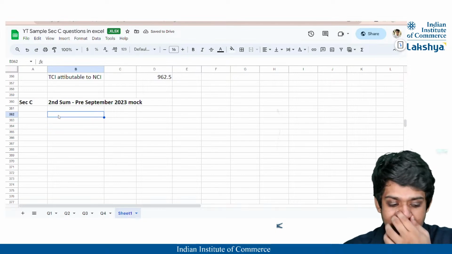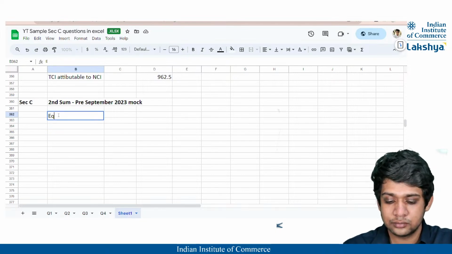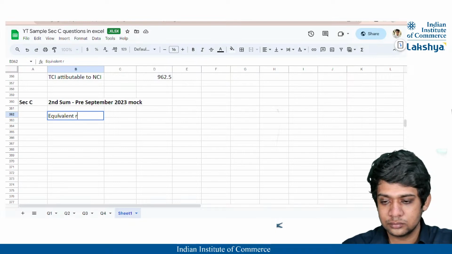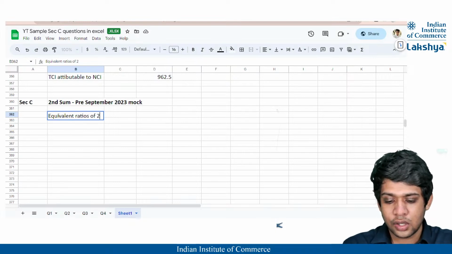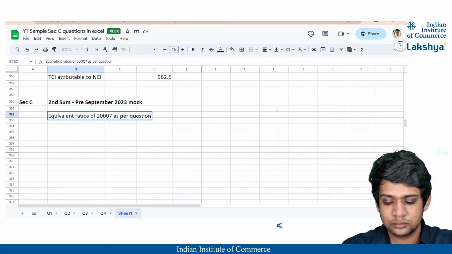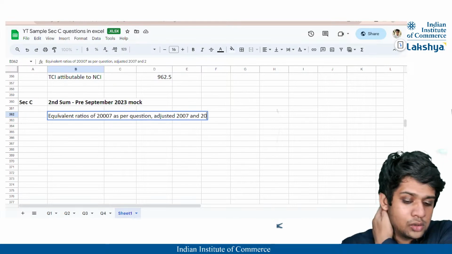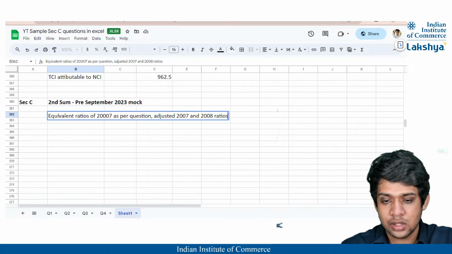Firstly, we will calculate the equivalent ratios of 2007 as per question, adjusted 2007 and 2008 ratios.